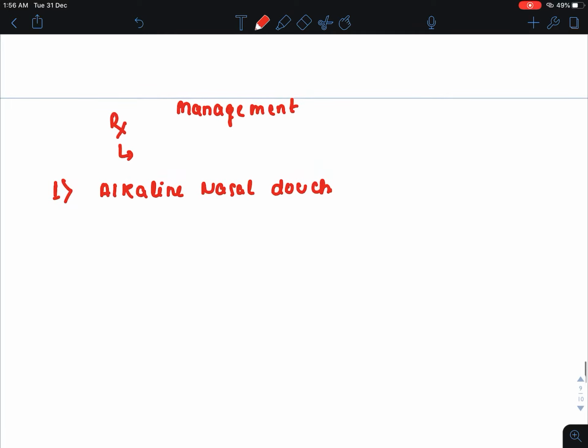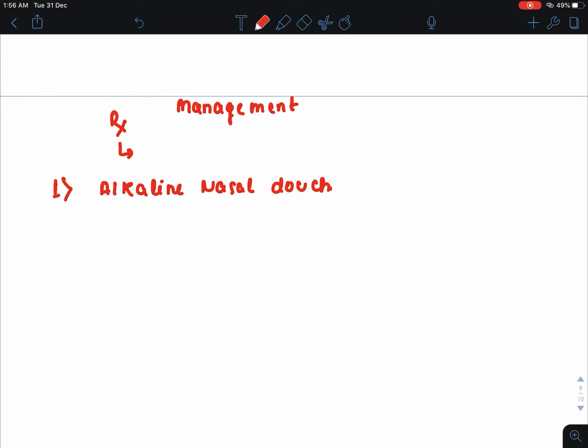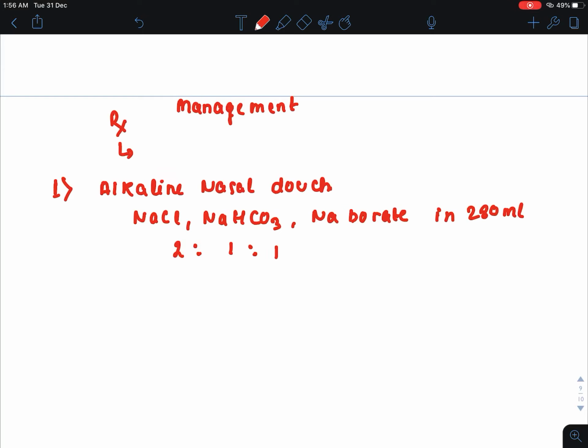In alkaline nasal douche, sodium chloride, sodium bicarbonate, and sodium borate are given in 280 ml of distilled water in a ratio of 2:1:1.